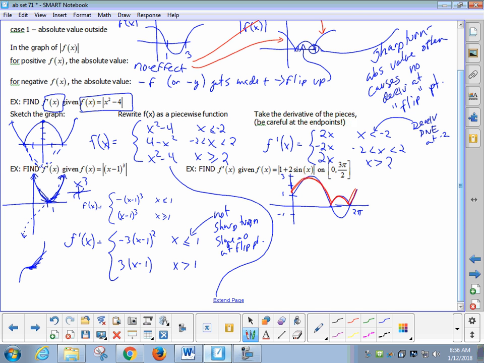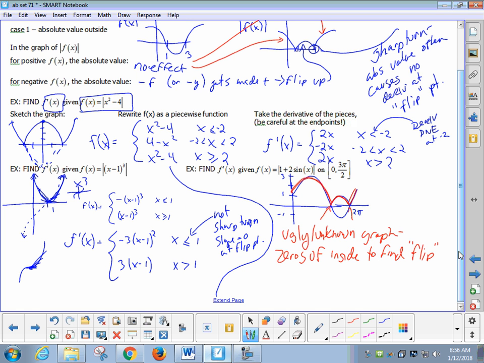So if it's an ugly or unknown graph, then you must start by finding the zeros of the inside to find where the flip happens. I need to find these points so when I write my piecewise, I know where it gets flipped and where it doesn't.